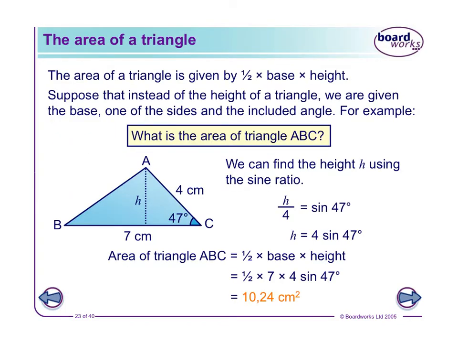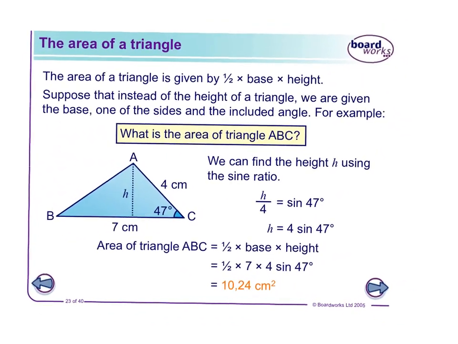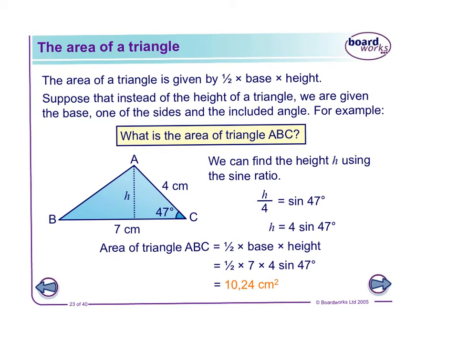All right, so the area of a triangle, you have known as half base times height for quite a while now. So in this case, let's say we had triangle ABC given to us here, and we've got side 4, side 7, and the included angle between.